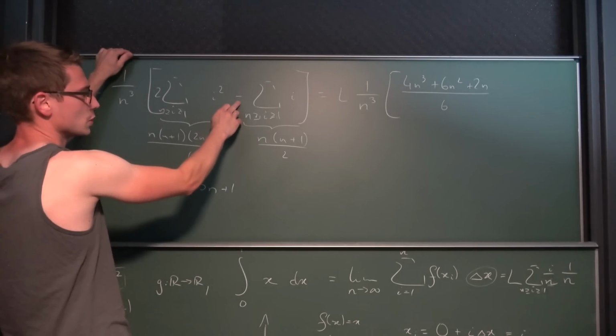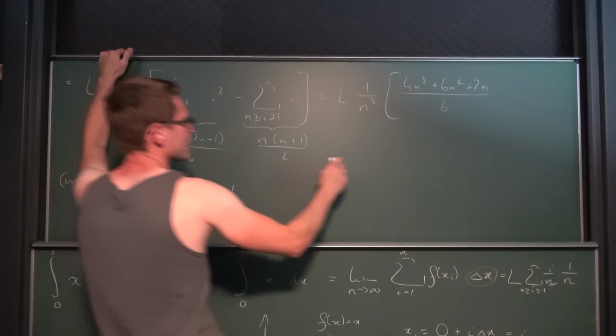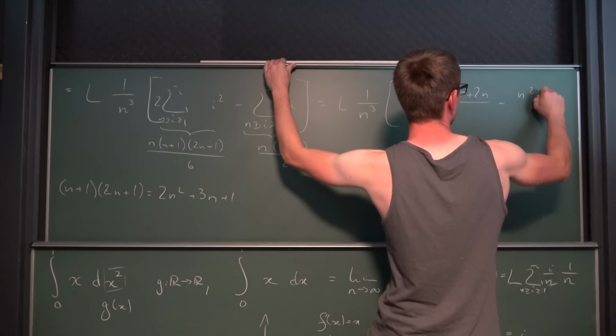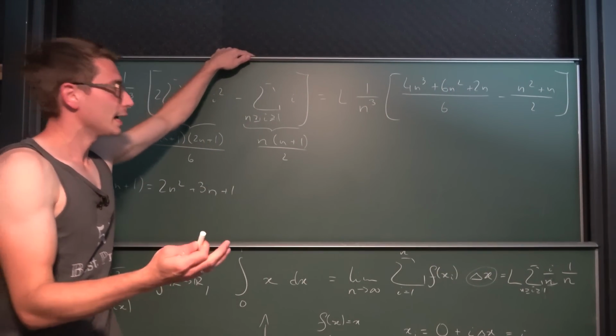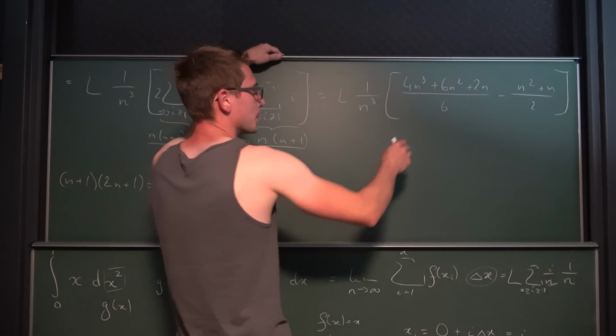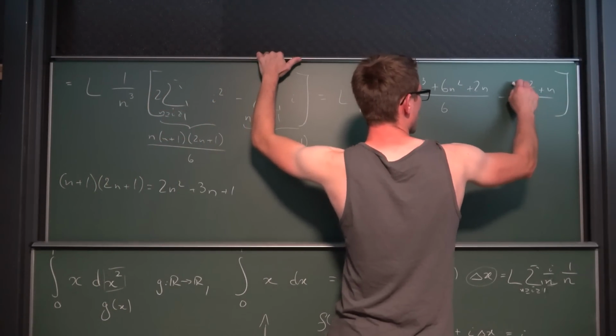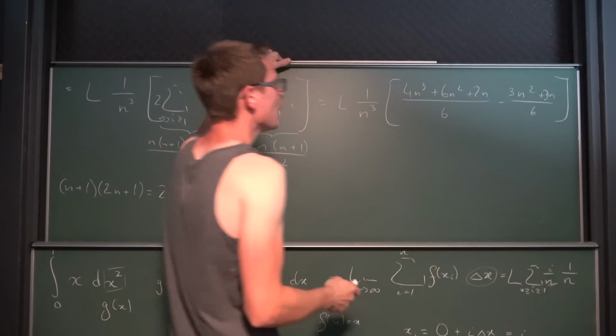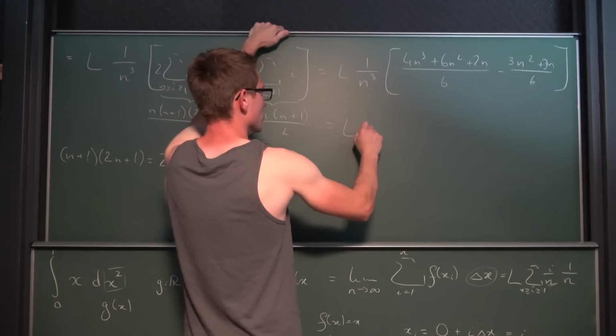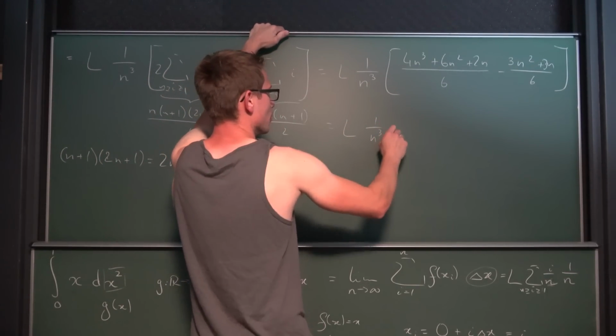And then we are going to get negative n squared plus n divided by 2. That's just a bit of algebra. We can bring those together. We can expand this by 3, giving us 6 in the denominator here. And overall, we are going to be left with the limit as n approaches infinity of 1 over n cubed.